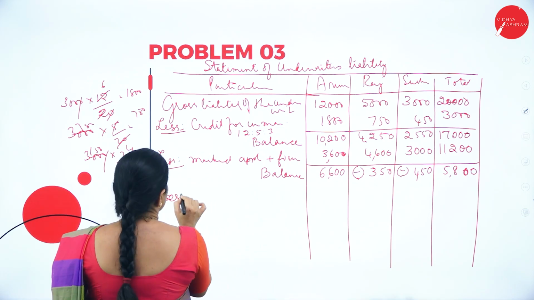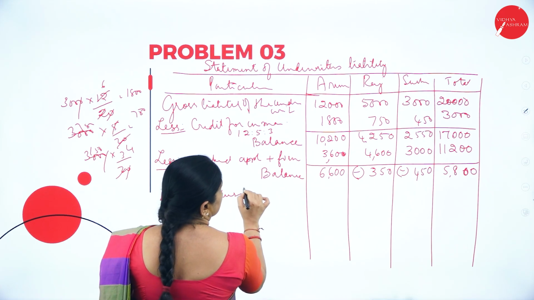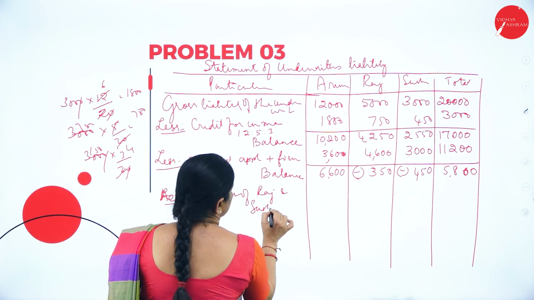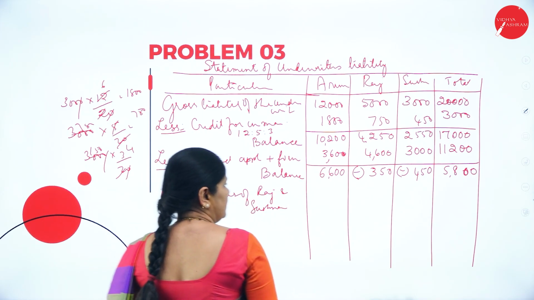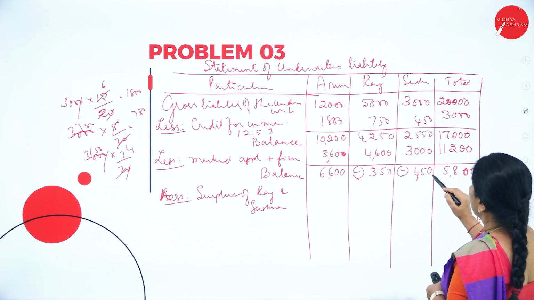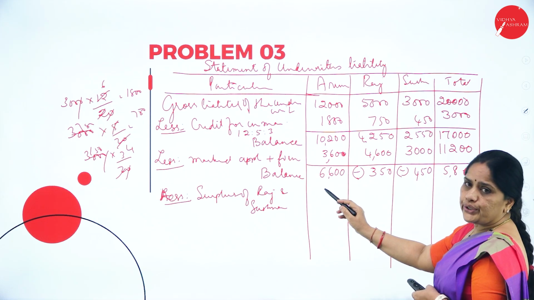Next, less surplus of Raj and Sushma. There is a surplus here. For Raj, surplus is 350 and for Sushma it is 450. So both these surpluses should go to Arun.